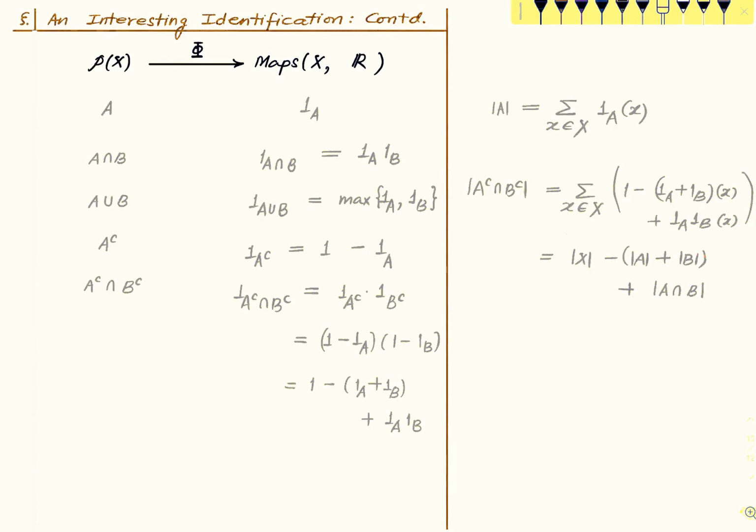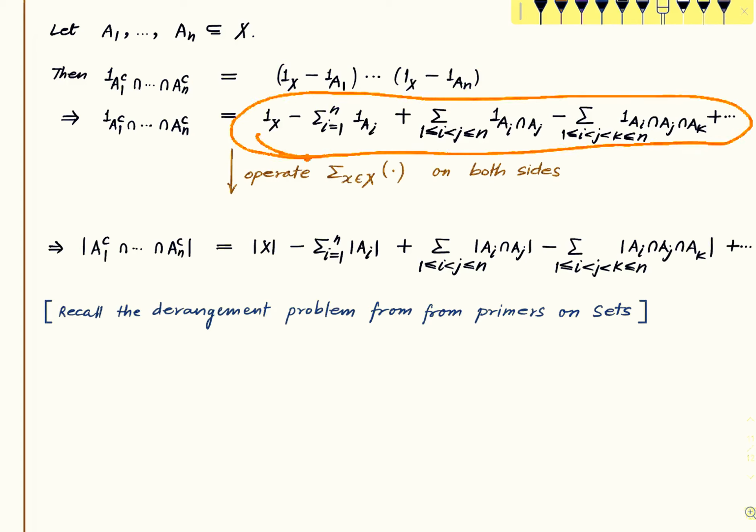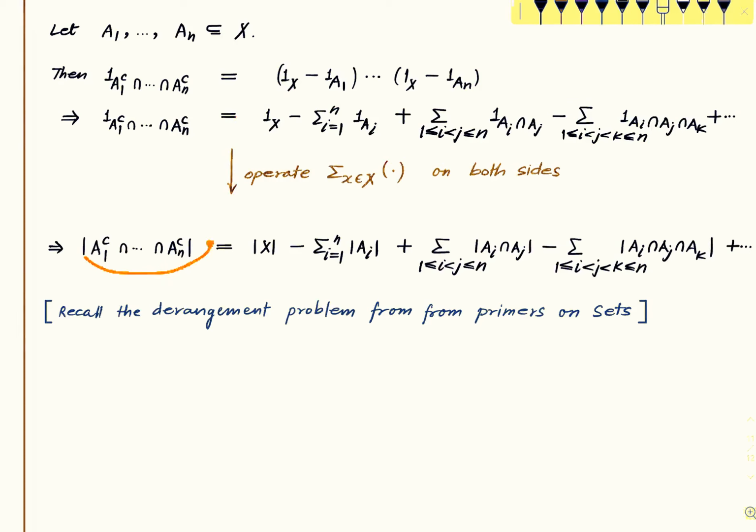And one can generalize this. So maybe I've written everything here. So now suppose we had n subsets of X, then by the same reasoning, this is equal to that, and you expand it out like high school, it just looks like 1 minus alpha 1 dot dot dot 1 minus alpha n. So if you expand that out, you will get this expression and operate the summation on both sides. You get that the cardinality of this horrible intersection is this more horrible thing.